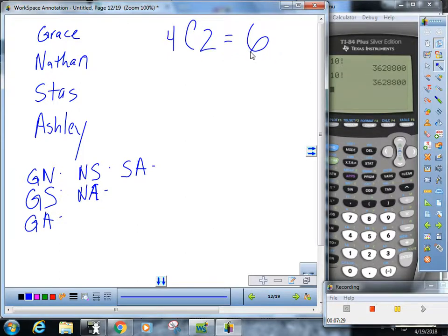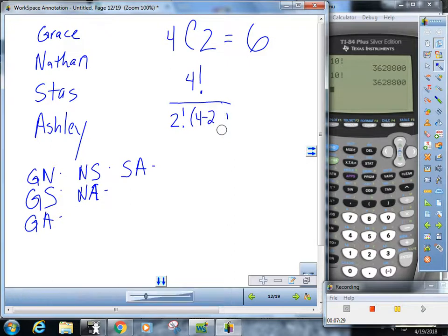Okay, now let's show you how the math works. That is 4 factorial over 2 factorial times 4 minus 2 factorial. So don't be intimidated, just write it out for now.